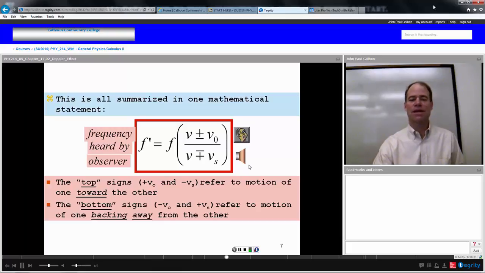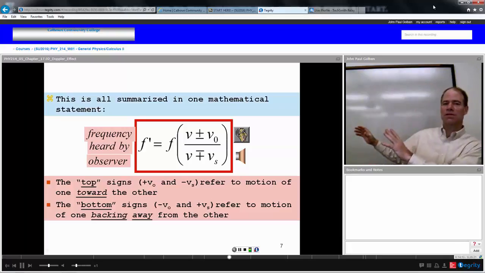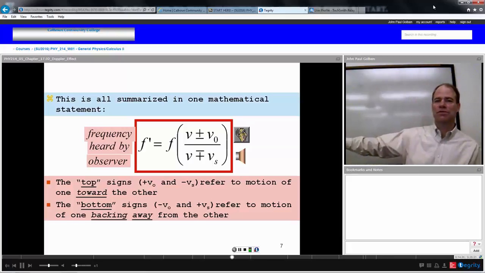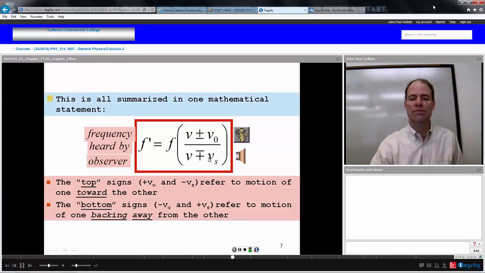The bottom signs in this formula deal with backing away. So if I am in the numerator and I'm the observer, if the observer is backing away from the source, then I'm going to use the bottom minus sign. And if I'm in the denominator here, and the source is backing away from the observer, then I'm going to use the bottom plus sign here. So top is toward, and bottom is backing away.